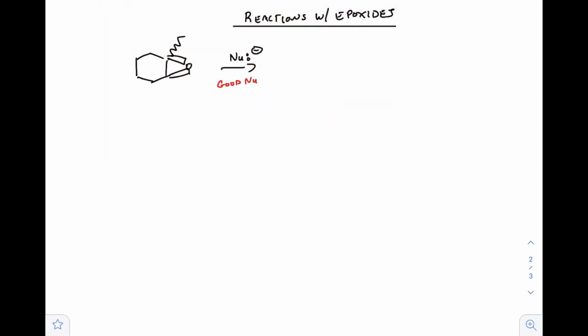If we have a good nucleophile, where does it attack? It attacks the least substituted carbon, resulting in a substitution reaction. Remember, this is like an SN2 reaction, so we get inversion as well as a new substitution product.